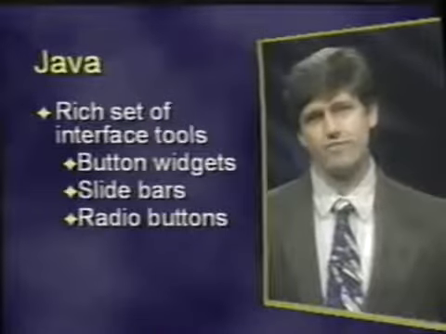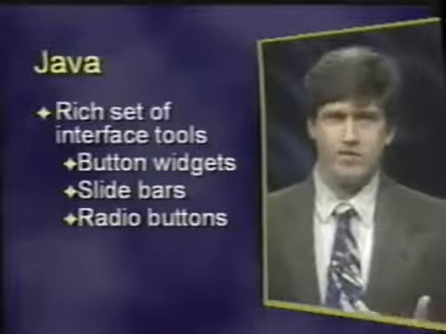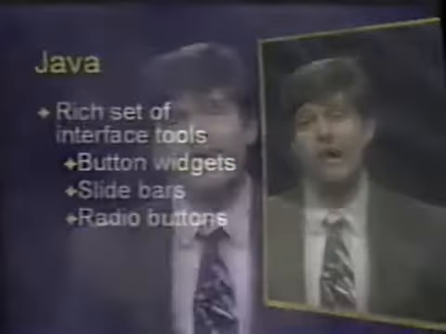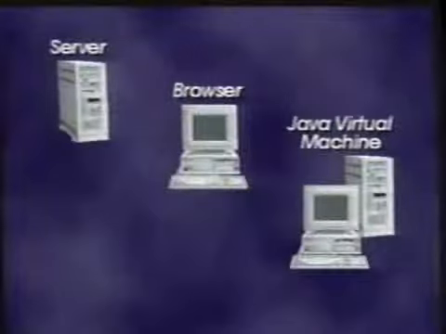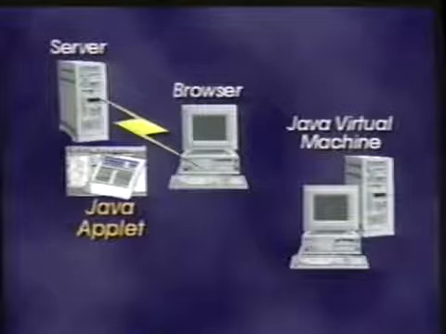So how does it work? First of all, when you have a Java application, you embed it using standard HTML code into an HTML document. Now, when a web browser accesses this HTML document, it parses through the HTML. It says, okay, there's an applet embedded here. Let me load it.